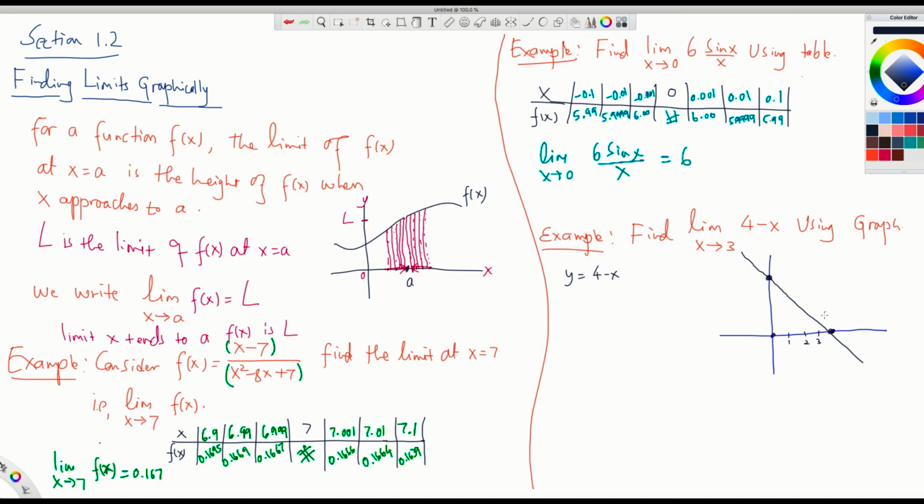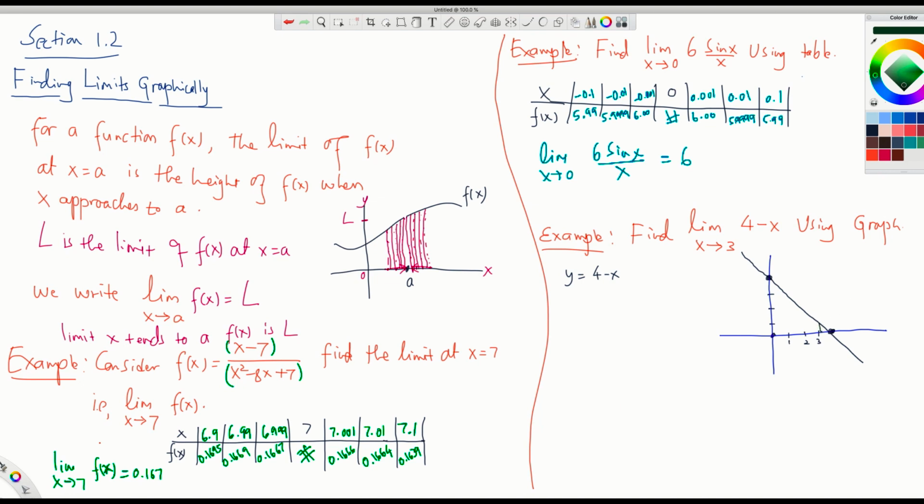You see that? So how much is that value? That value is basically 1. So 1, 2, and then 3, and then 4. Okay. So you want to know the value of the function close to 3. How do I find the height of the function close to 3? This is from the left.